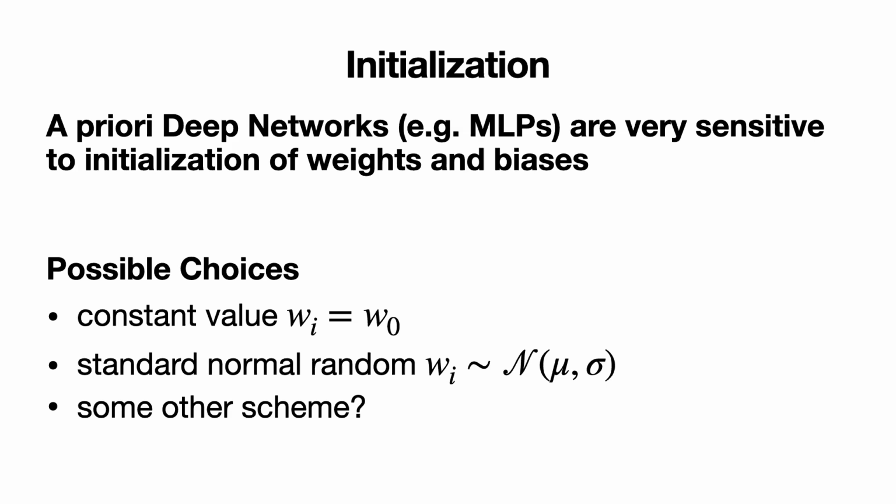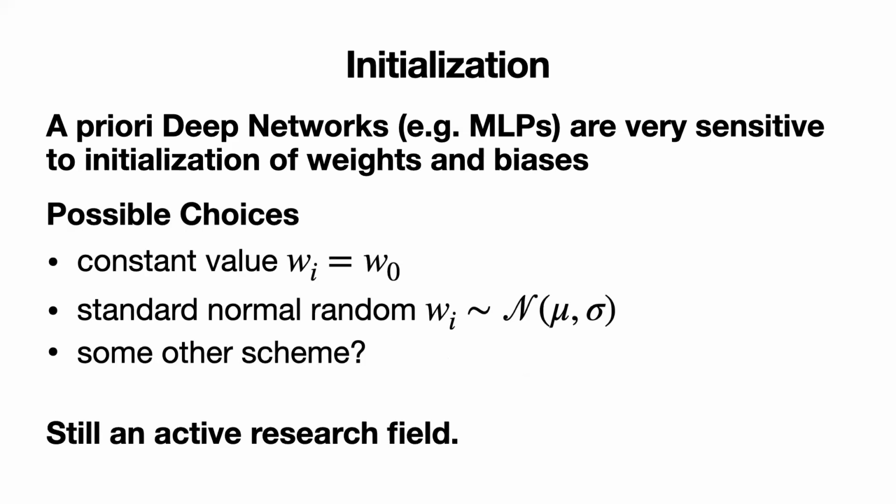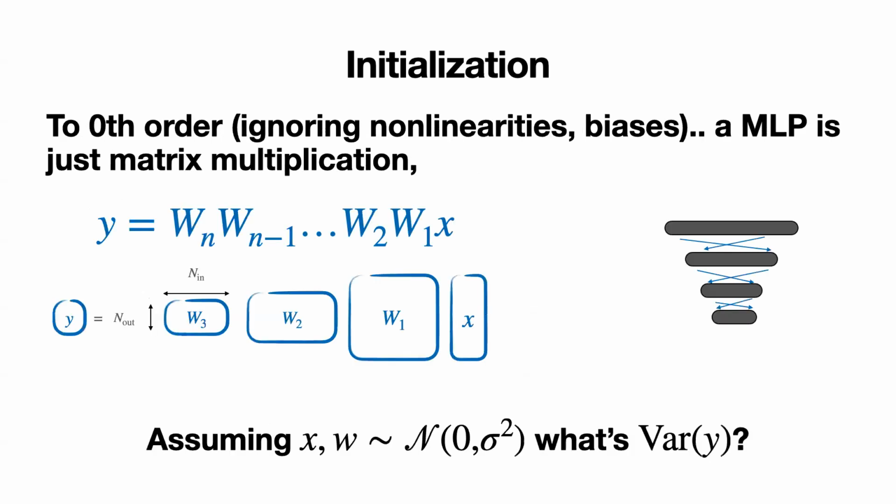And so most of the things that we have done is, okay, we just have standard normal, and we'll see now why this is bad, or I mean it's already better than a constant value, but it's not perfect yet. And so this is actually still a very, very active area of research on how to initialize these parameters of neural networks. It's not a done deal, but we already found some good basic ways to do it.